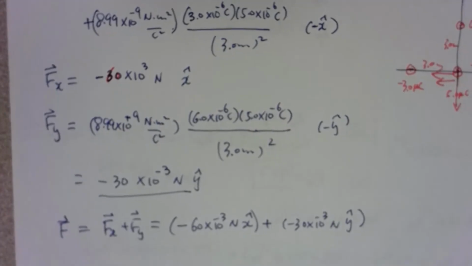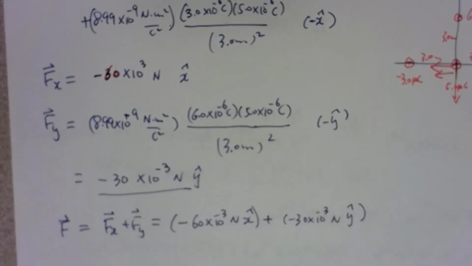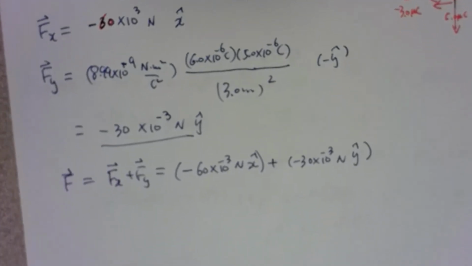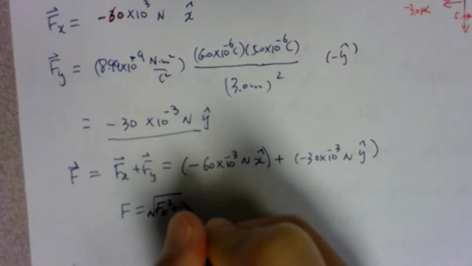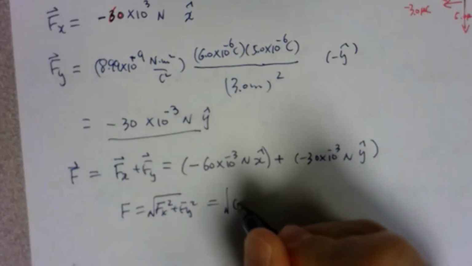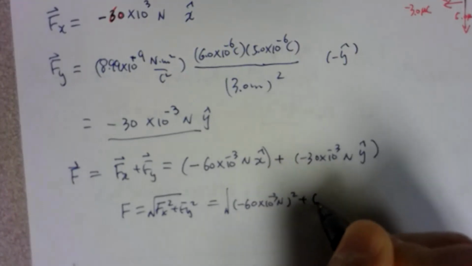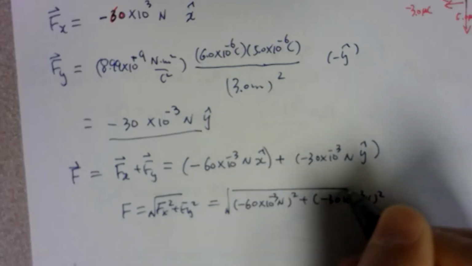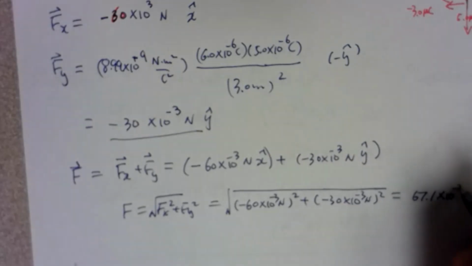The magnitude will be the square root of Fx squared plus Fy squared, right? So the square root of minus 60 times 10 to the minus 3 squared plus minus 30 times 10 to the minus 3 squared. That gives you about 67.1 times 10 to the minus 3 newtons.